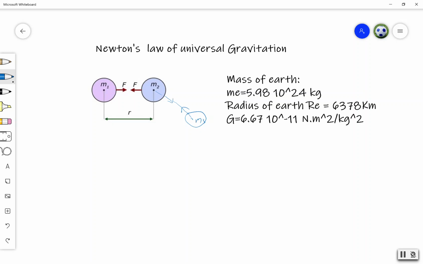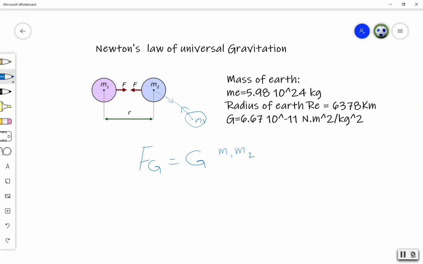This law, in its final form, can be written as: what is that force between the two particles, for example? It's Fg, G for gravitation, equals the G constant, the gravitation constant, times mass 1 times mass 2.